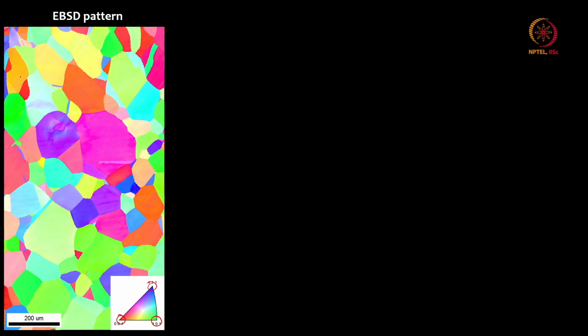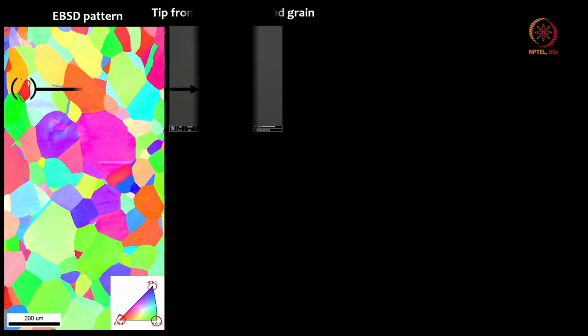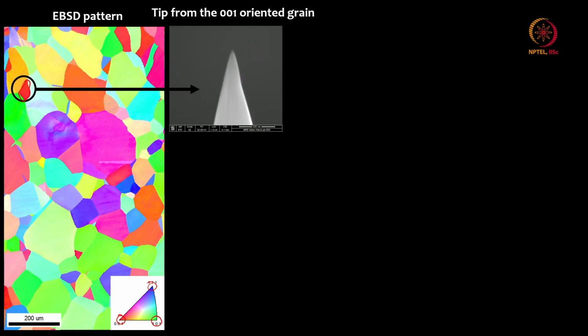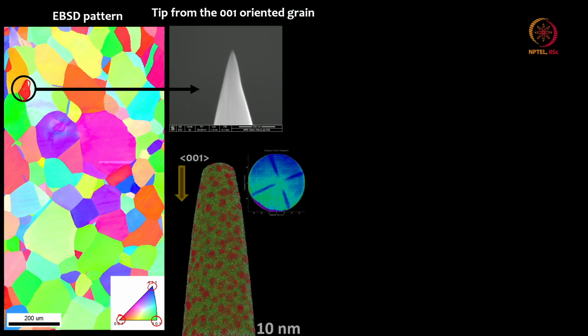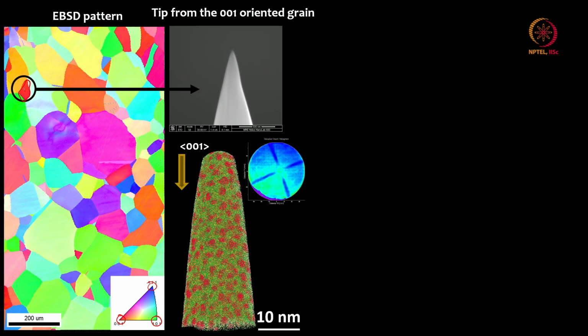Now if we identify a grain which is around 001, okay, as I told you in FIB we have seen how to make atom probe samples. Now if I make a sample from this red region, and if you see the reconstruction and the desorption map, you can see this is exactly a four-fold symmetry, and this shows that this is along the 001 pole direction. You can see that, correct?